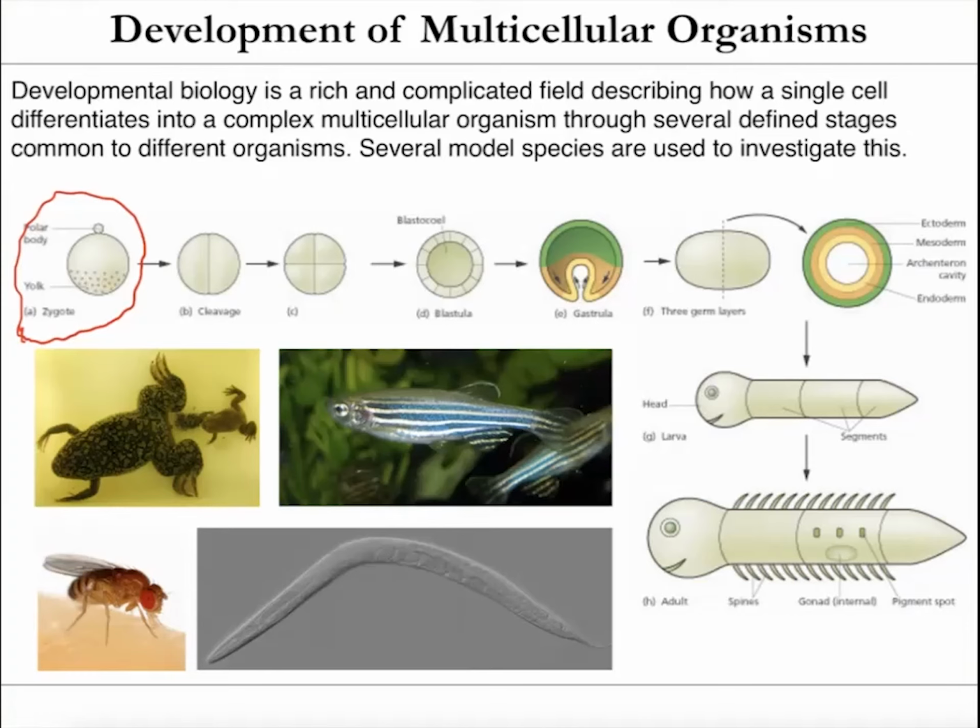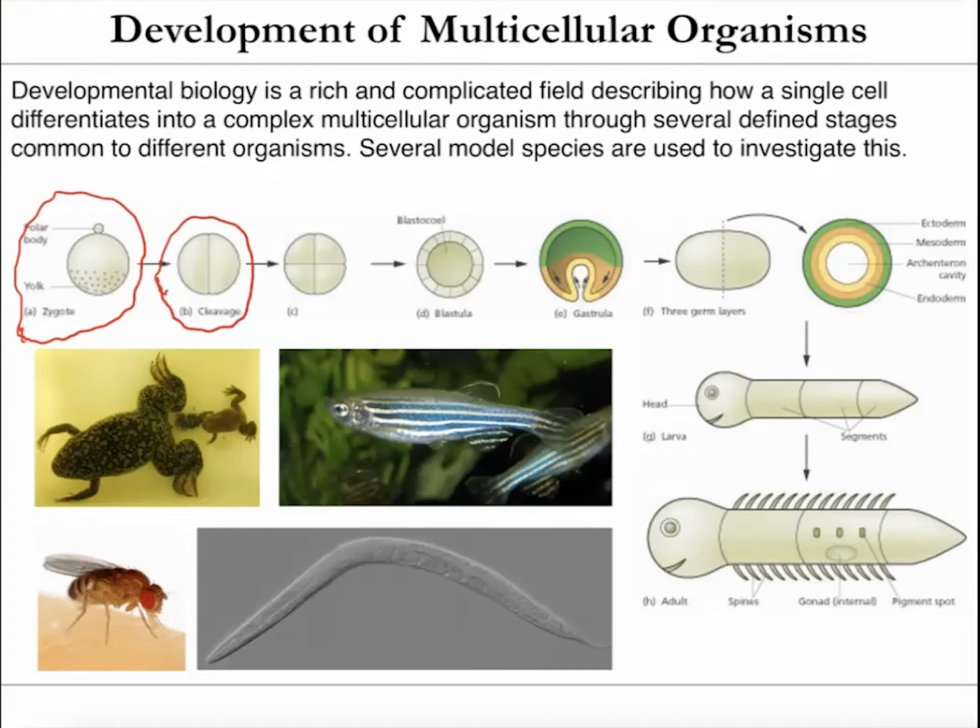And again, I'm not an expert in developmental biology. It's a really interesting subfield of biology with a lot of different work on it. It's its whole own field. But basically, you have this single organism, and then that splits into two.